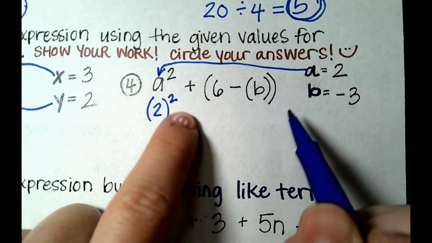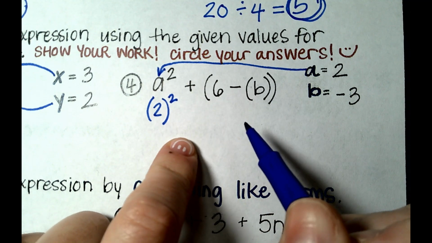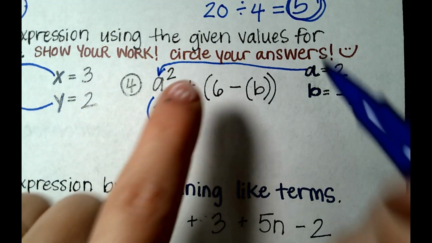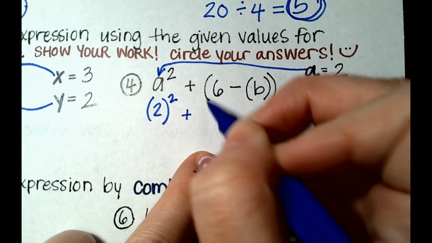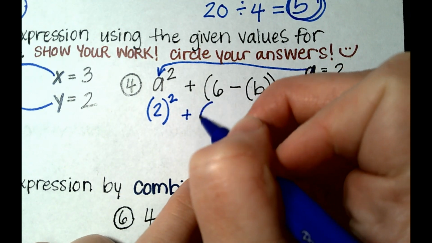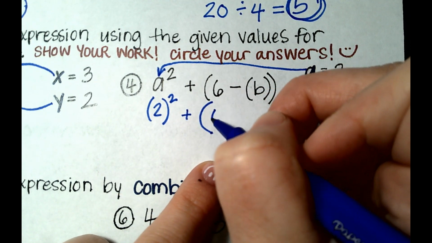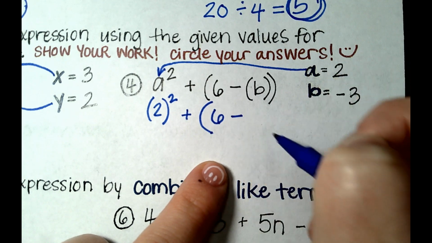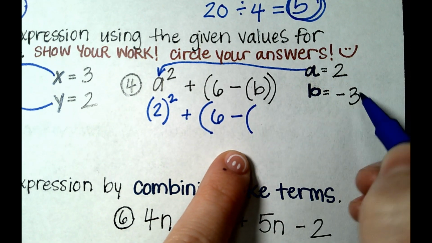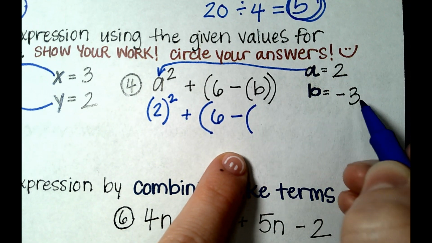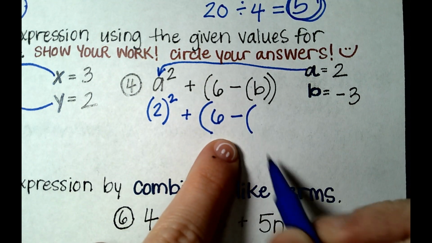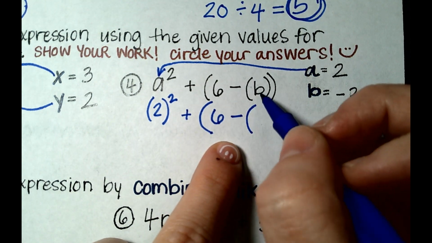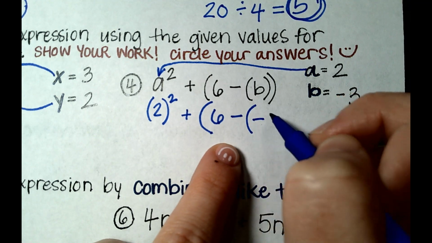Now, we're going to be really careful when we copy down the next part of the problem, so I want you guys to watch how I do this. I'm going to write plus, and keep this parentheses, 6 minus, oh, what is b? Negative 3. Yes. So don't just write 6 minus 3. It's 6 minus b, minus negative 3.